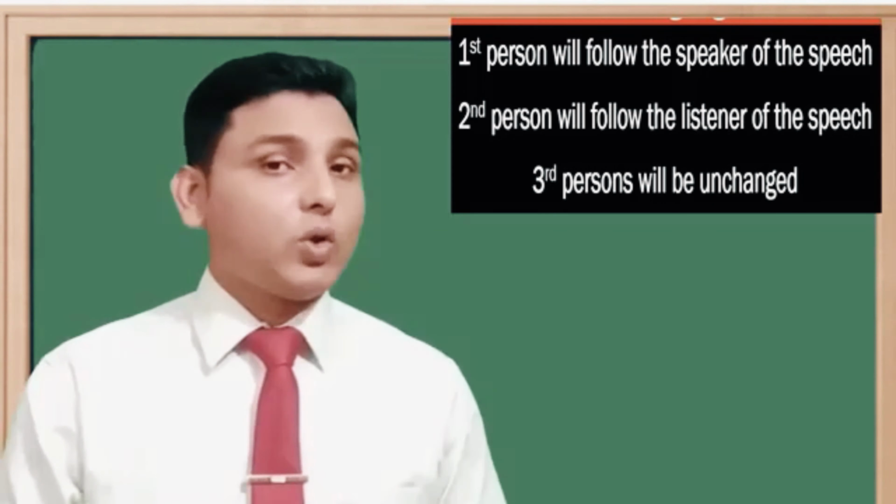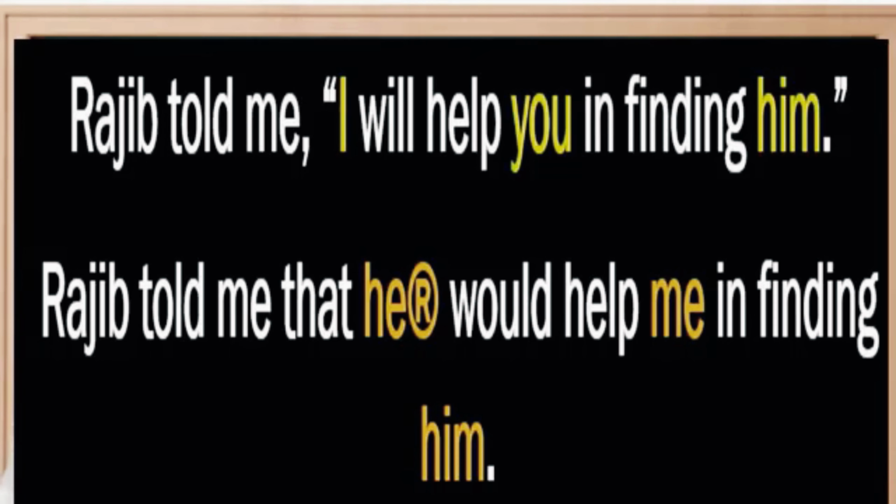Okay, see the example. Rajiv told me, "I will help you in finding him." In this sentence, Rajiv told me that he would help me. Here I has been changed into he. In the reported speech we have you, and we have put me because you will follow the object of the reporting verb, me.